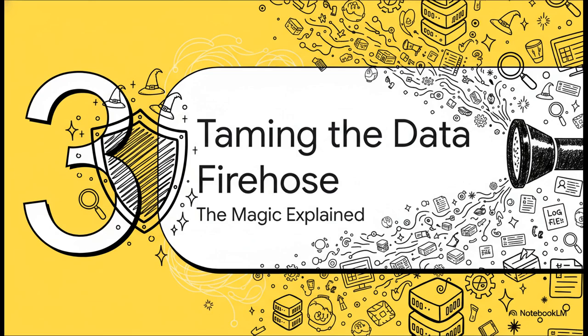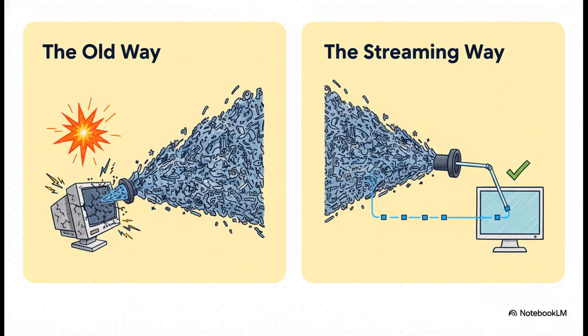Okay, so how does it actually do all this? That's what we're going to cover right here in section 3, Taming the Data Firehose. It's time for the magic to be explained. This slide right here, this is the secret sauce. The old way of doing things is like trying to catch that data fire hose in a tiny bucket. You try to load the whole massive file into your computer's memory and poof, it just crashes.